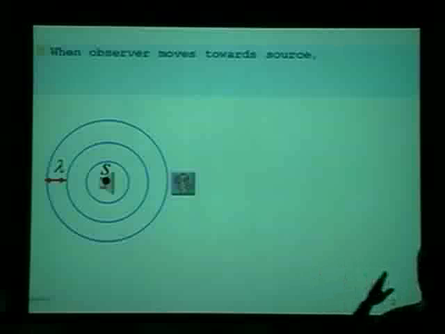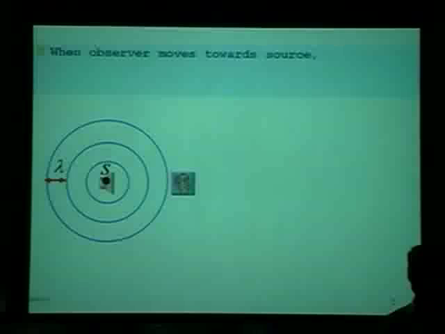And so I interpret that frequency of that wave. My eardrum actually mechanically moves back and forth with the same frequency as the wave the source is putting out, if I'm at rest and if the source is at rest. So I actually hear the true frequency of the source. Makes sense?